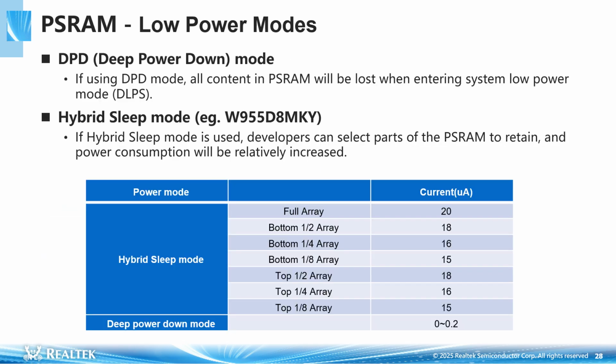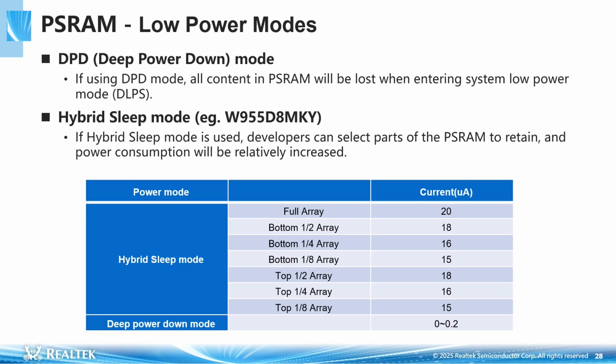The power consumption modes of PSRAM can primarily be divided into deep power down mode and hybrid sleep mode. In DPD mode, when the system enters DLPS, all contents in the PSRAM will be lost. This mode is ideal for applications where long-term data retention is not necessary, as it minimizes power consumption.